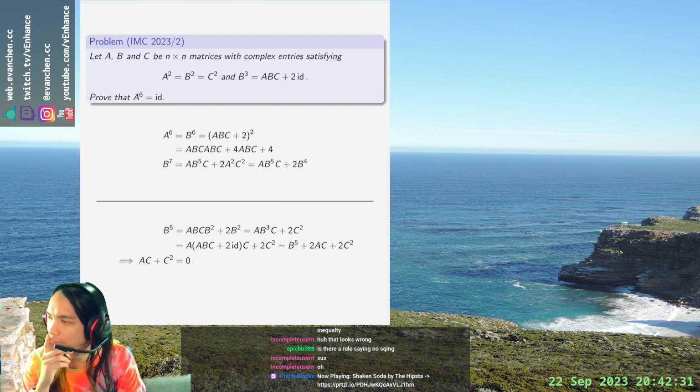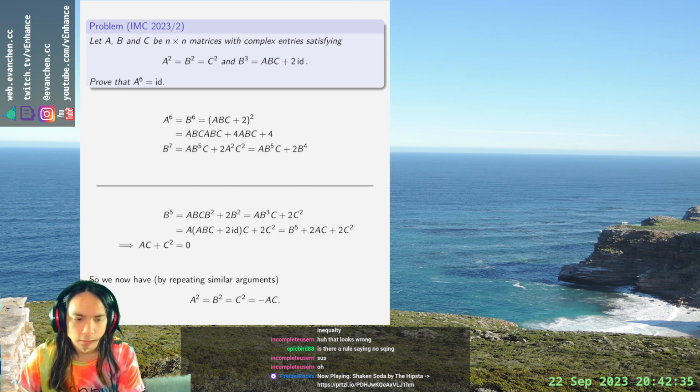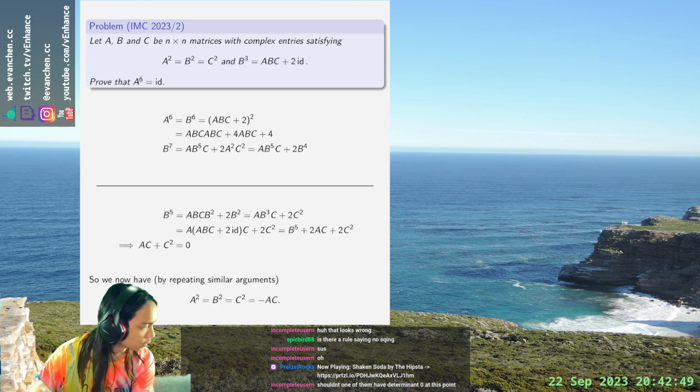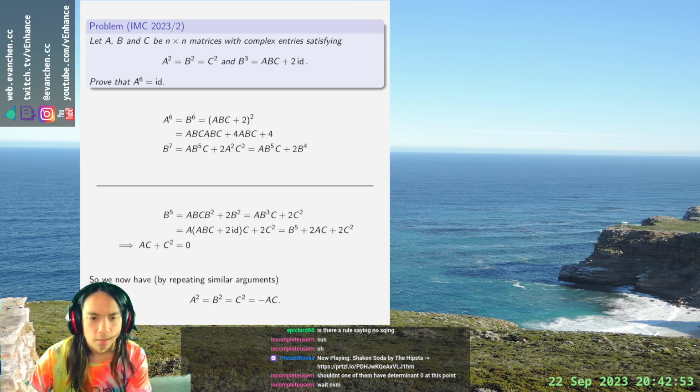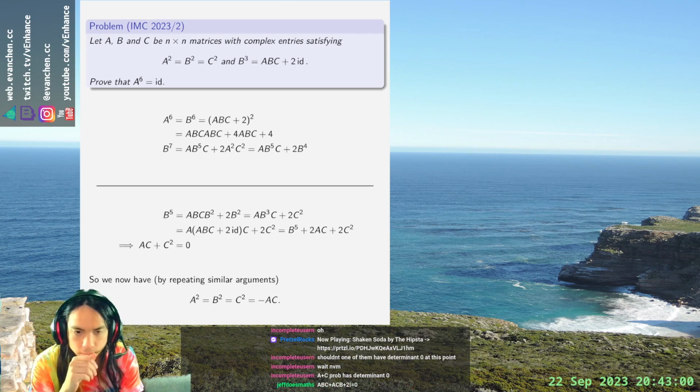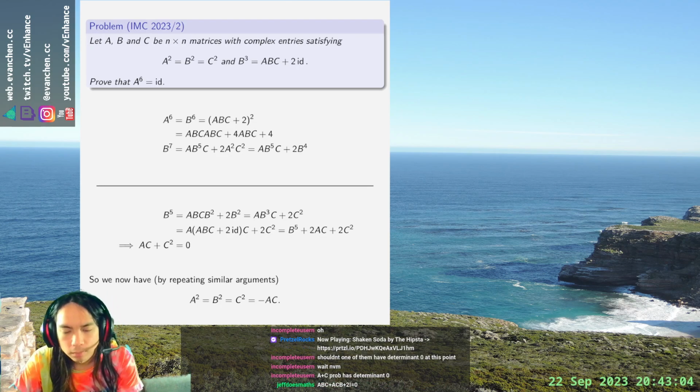And if we have that, then suddenly a lot of doors open. So b cubed is equal to minus acb. Okay, so what was I saying?